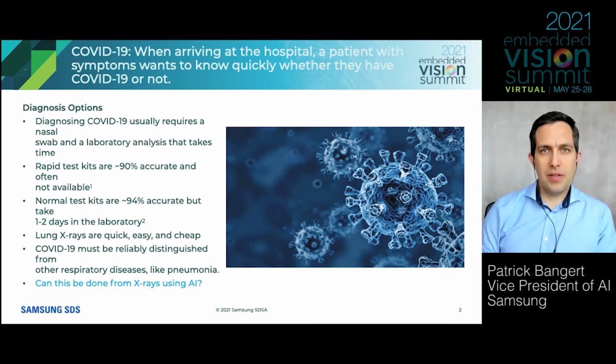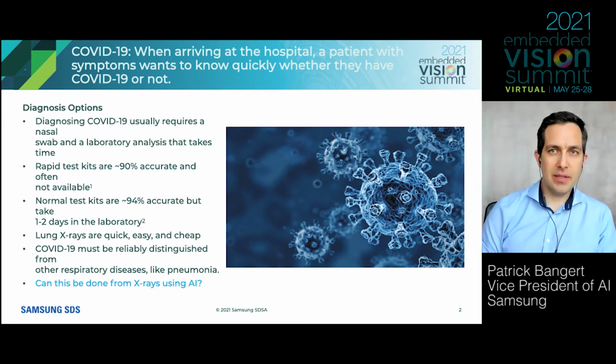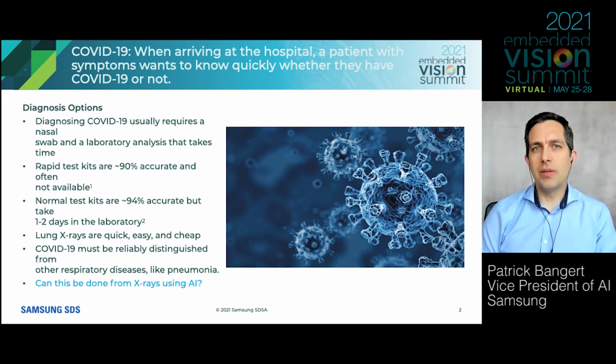So first of all, we're all familiar, of course, with COVID-19 by now. And sometimes you get certain symptoms that might be indicative of COVID-19 or some other diseases like flu or pneumonia. And you don't really know whether you have COVID or not.